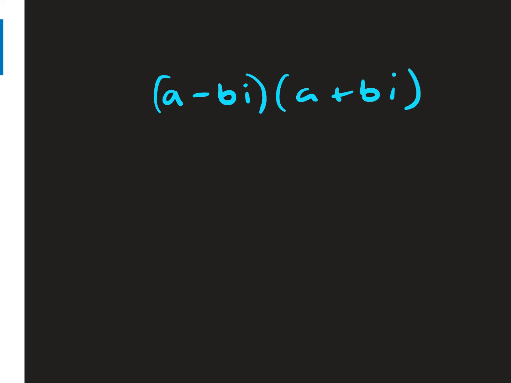When you have imaginary numbers, we can FOIL this out and we will get a squared plus b squared. So b being just the number in front of the i. If they were conjugates but not complex conjugates, so not imaginary numbers, it would be a squared minus bi squared.